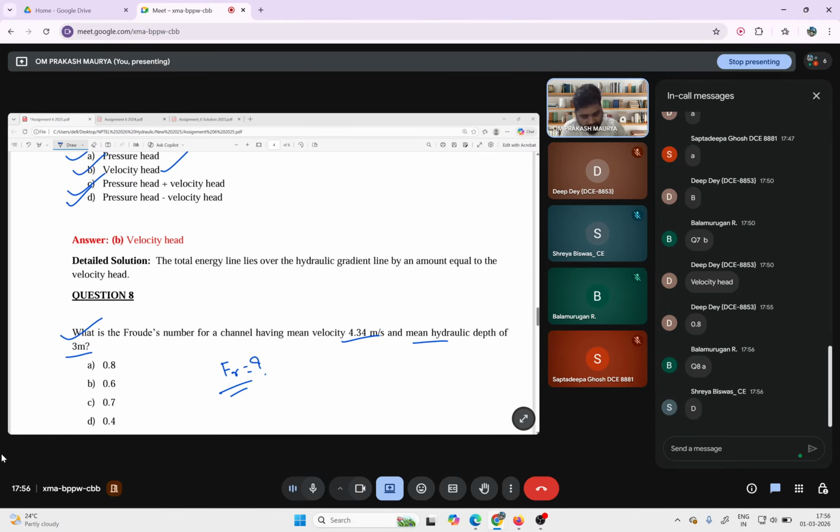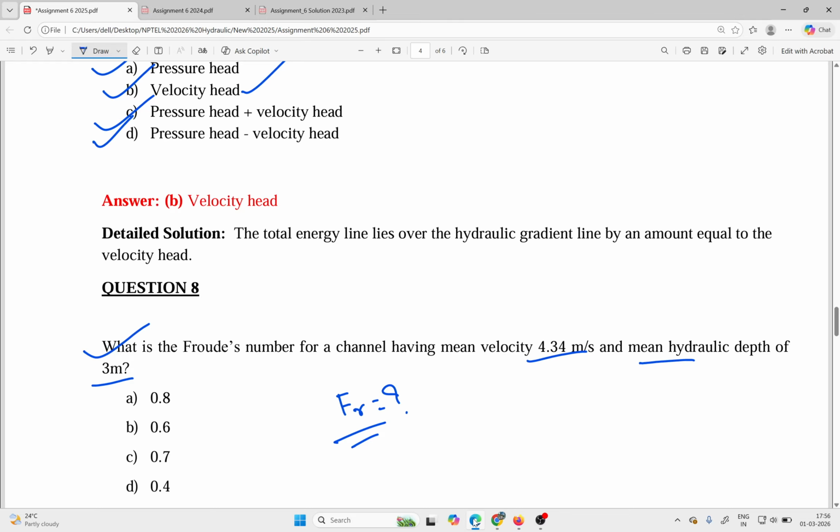Okay, let me explain. Fr you know already, this is V by root of gY. Not gY, I will not write gY here because this is not a rectangular condition. So D, that is your hydraulic depth.